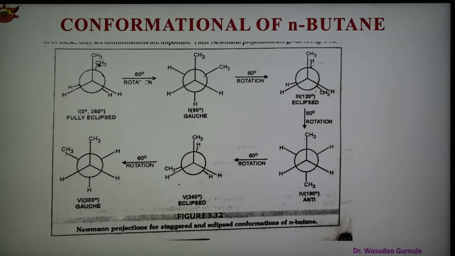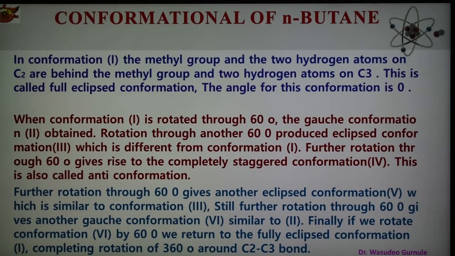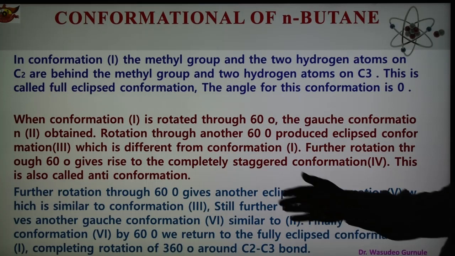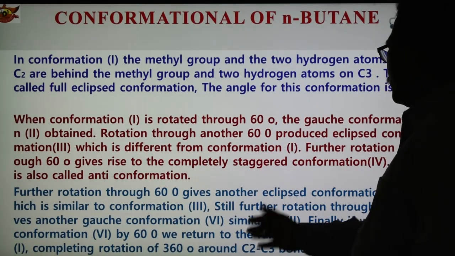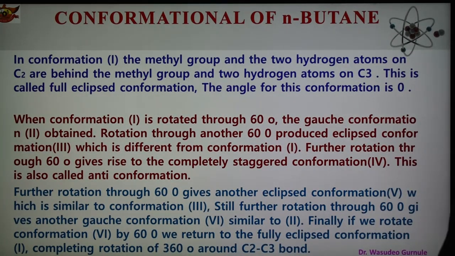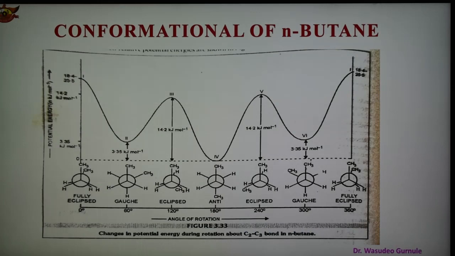Now their relative positions are also shown in the structure, one by one, when we rotate by 60 degrees, and finally we obtain the rotation of 360 degrees around the C2-C3 bond, and their relative energy is shown here. So this is the figure.